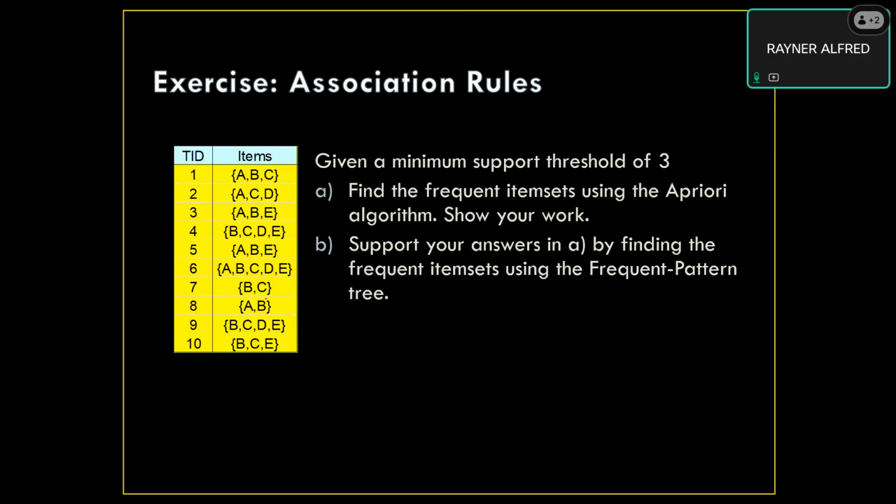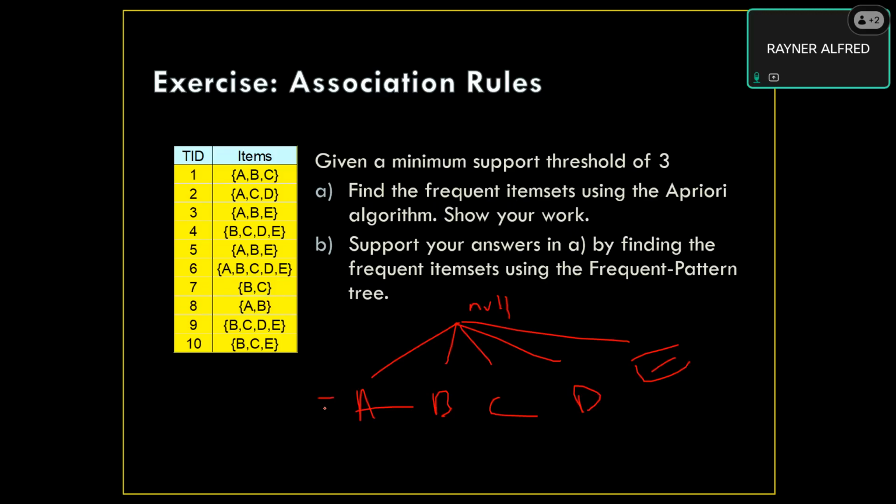Basically, we need to start from the null, and then divide them into 5: A, B, C, D, E. Then we look at the support for each one, so this is 4, 5, 6, 6, and so on. If there are 3 or more, then you can go down to have more combinations.